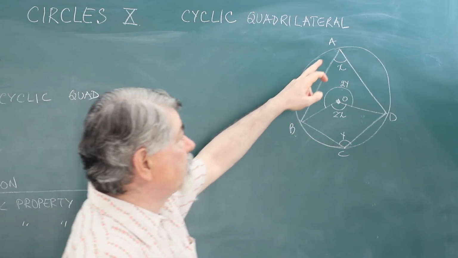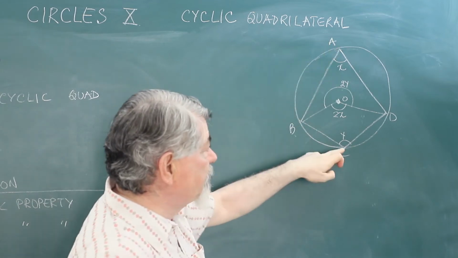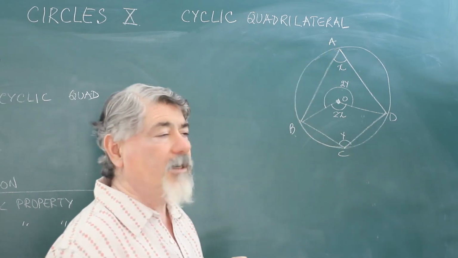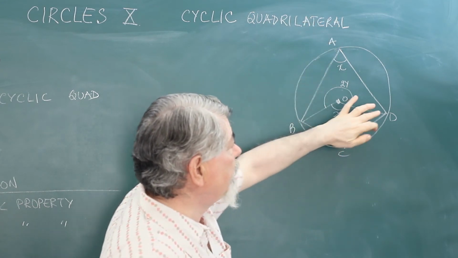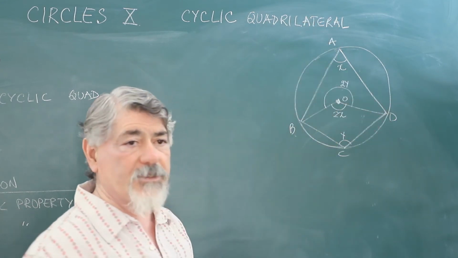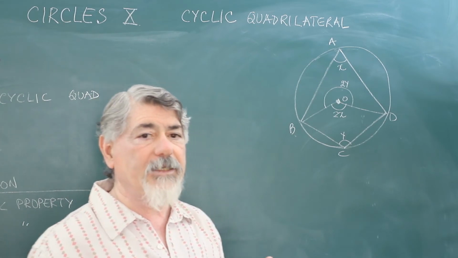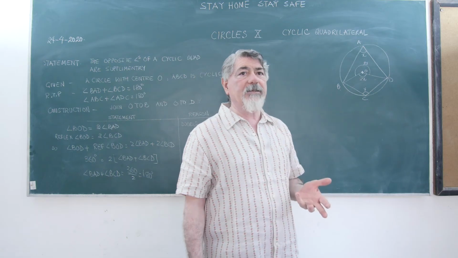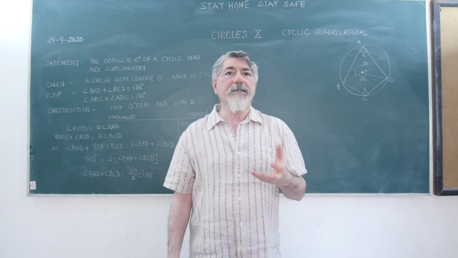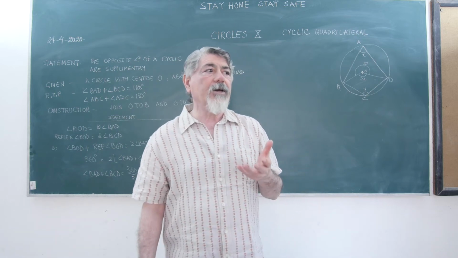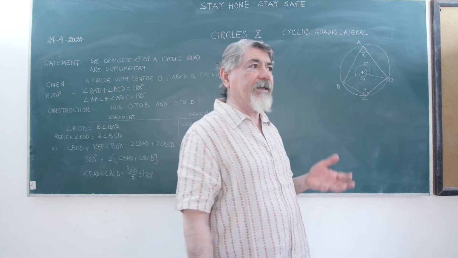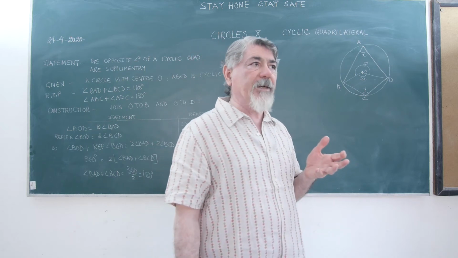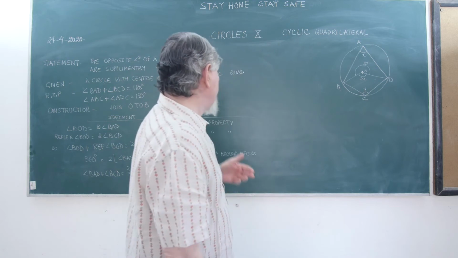For example, this figure ABCD is a quadrilateral and the vertices A, B, C and D are lying on the circumference of the circle, then it is called a cyclic quadrilateral. And a cyclic quadrilateral will always follow certain properties like every geometrical figure does.